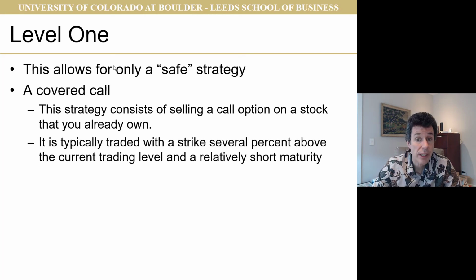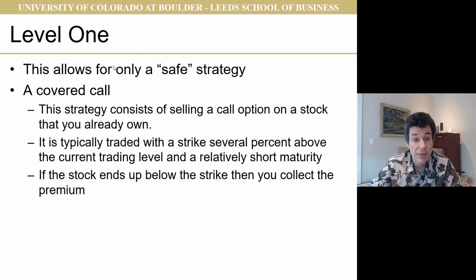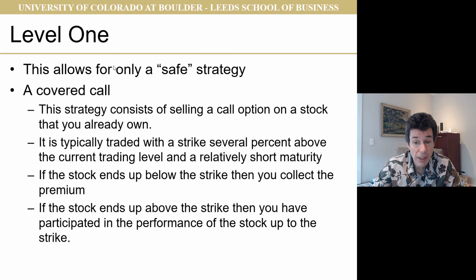It's typically traded with a strike several percent above the current stock price, and a relatively short maturity. If the stock ends up below the strike, you collect the premium you've made from selling the call option. If the stock ends up above the strike, then you participated in the performance of the stock up to the strike. This is seen as a way to generate some income from a stock portfolio.